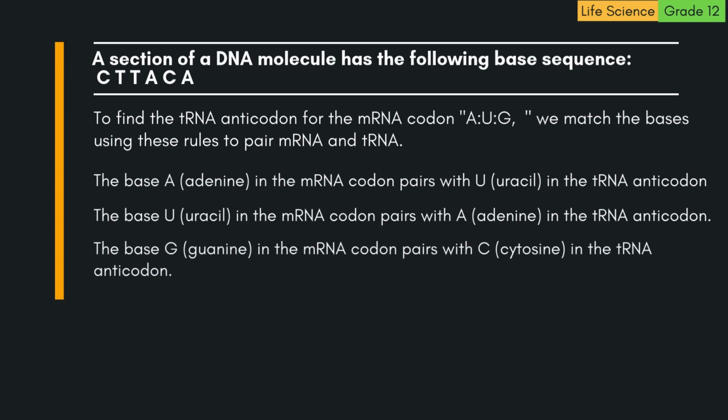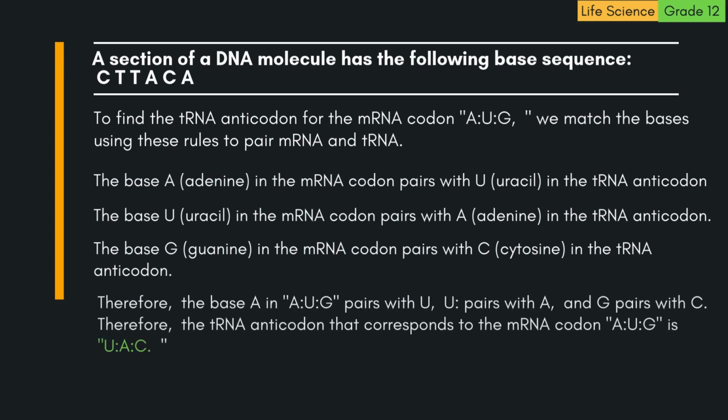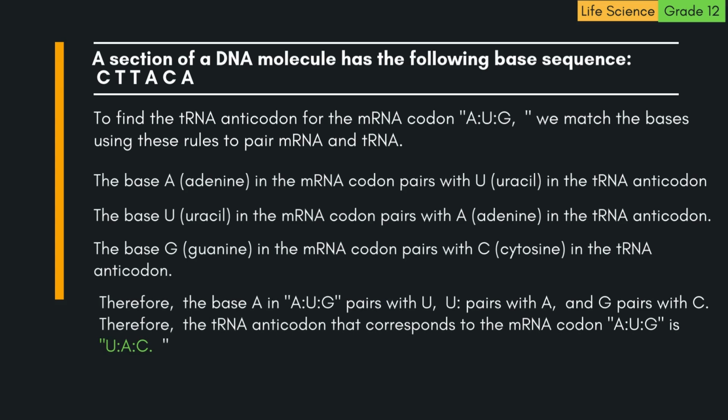The base G, guanine, in the mRNA codon pairs with C, cytosine, in the tRNA anticodon. Therefore, the base A in A, U, G pairs with U, U pairs with A, and G pairs with C. Therefore, the tRNA anticodon that corresponds to the mRNA codon A, U, G is U, A, C.